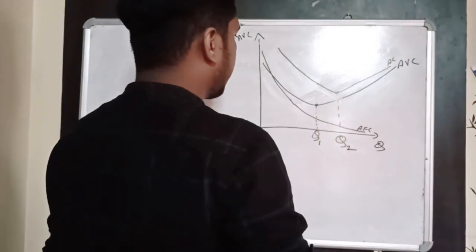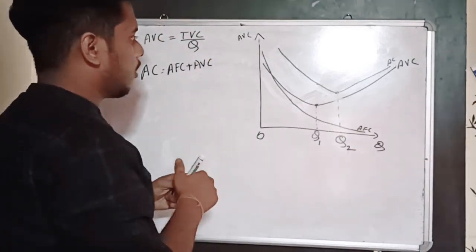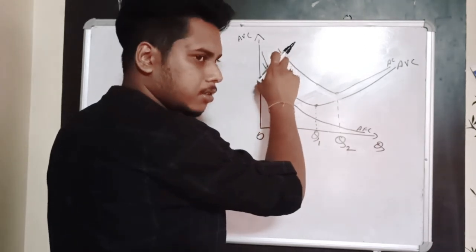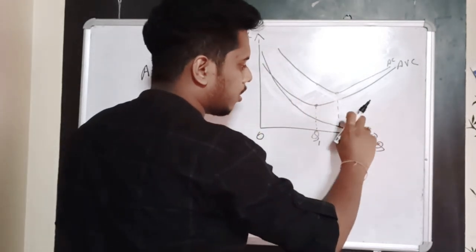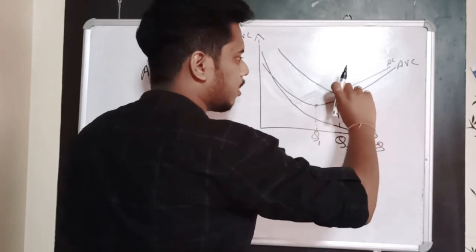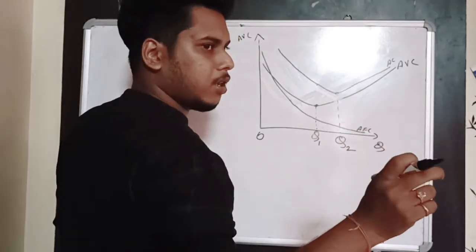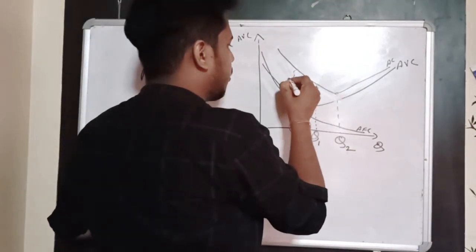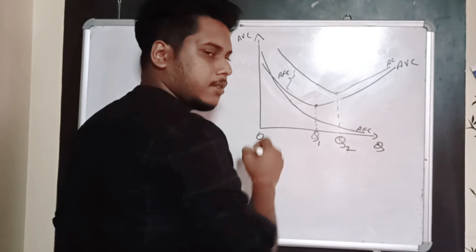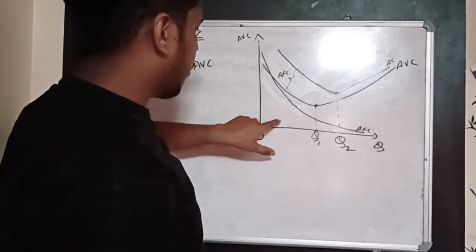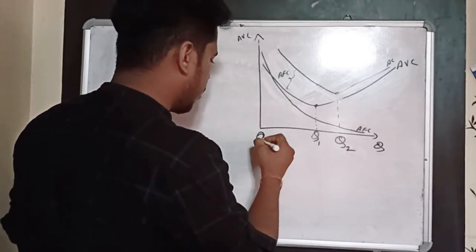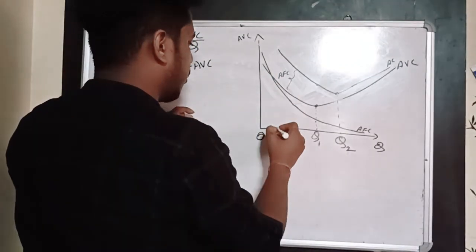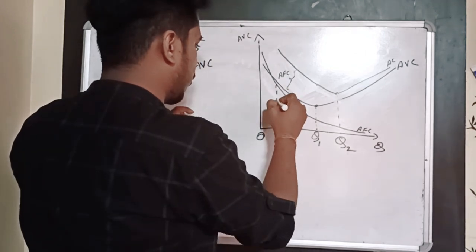The other thing we have to keep in mind is that initially the distance between AVC and AC is very large, and as we go on increasing the output, the distance between these two curves gets smaller and smaller. Why? We know that the distance between AC and AVC is AFC. In the initial output levels, the value of AFC is very high, so the gap between them is very high.